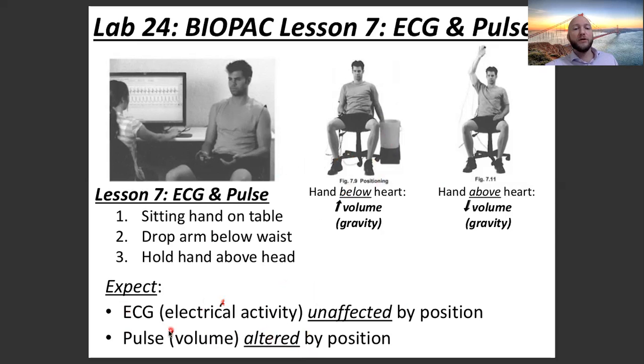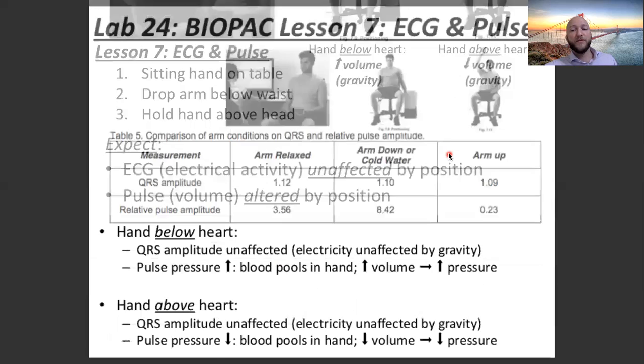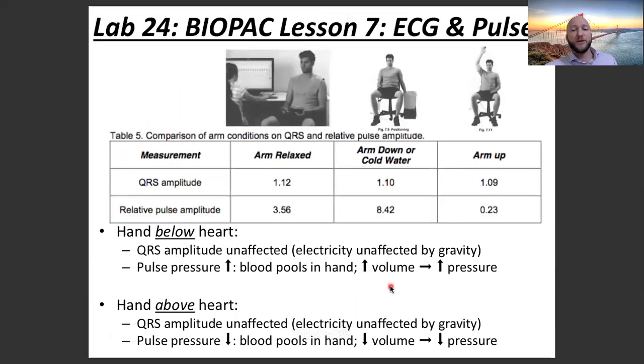You're going to have a larger pulse when your hand is down by your waist, a larger expansion, pulse pressure wave. When your hand is up above your head, your blood's got to fight against gravity. There's going to be a smaller pulse pressure wave.